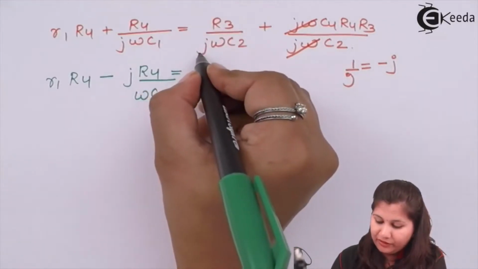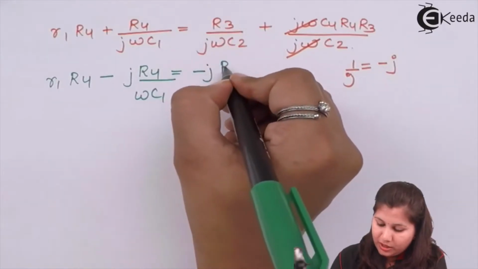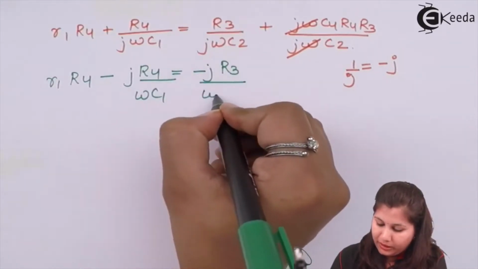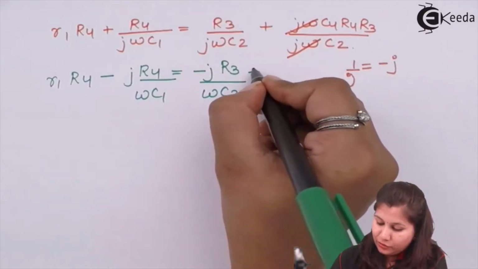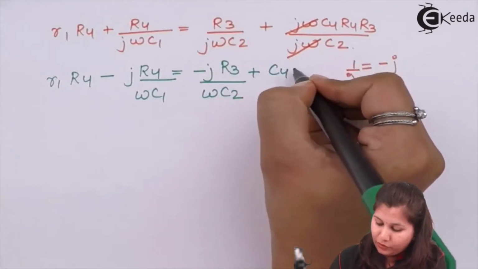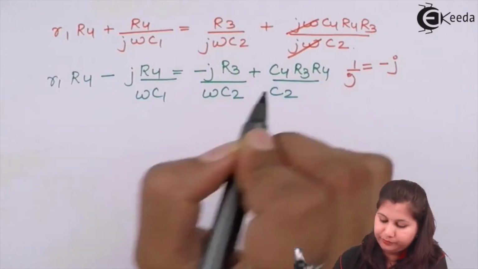Here also we are having 1 by j, so we write minus j R3 upon omega C2. J omega is already cancelled, so we are left with C4 R3 R4 upon C2.